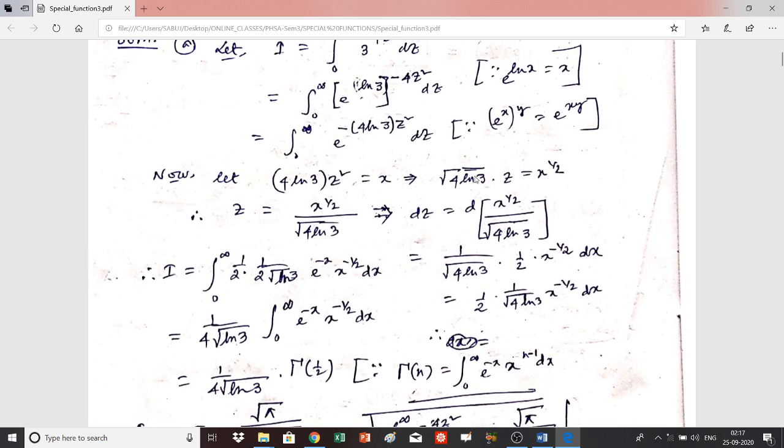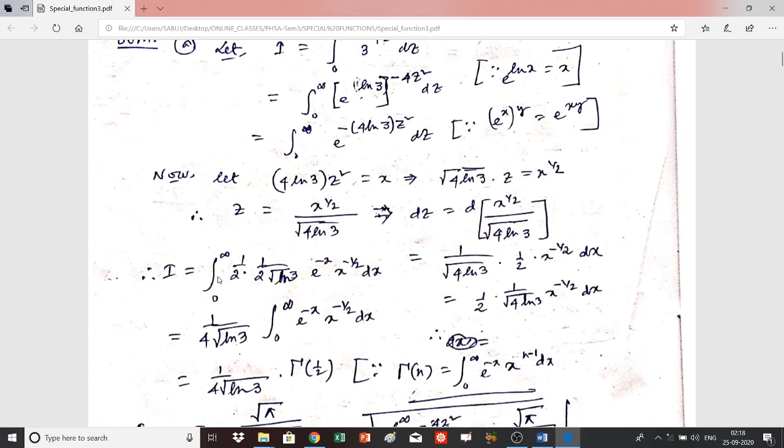Now come to this expression. See from this relation that the limit of integration will remain the same. Just look at this, and you can easily understand that the limit will be unaltered.